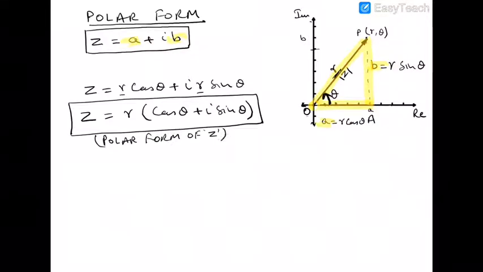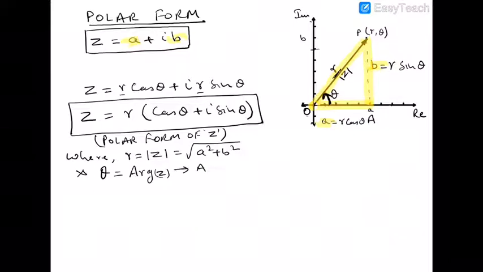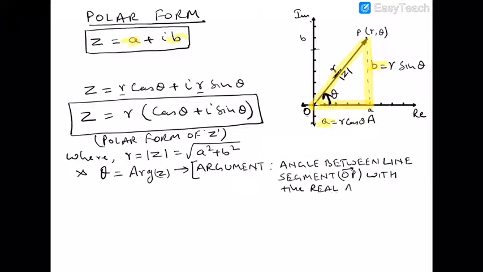z, where r is the radius and is equal to mod z, and we know the value of mod z is the root of a squared plus b squared, and theta is also called the argument of z and denoted by arg z, and it is the angle between the positive real axis and the line segment OP.